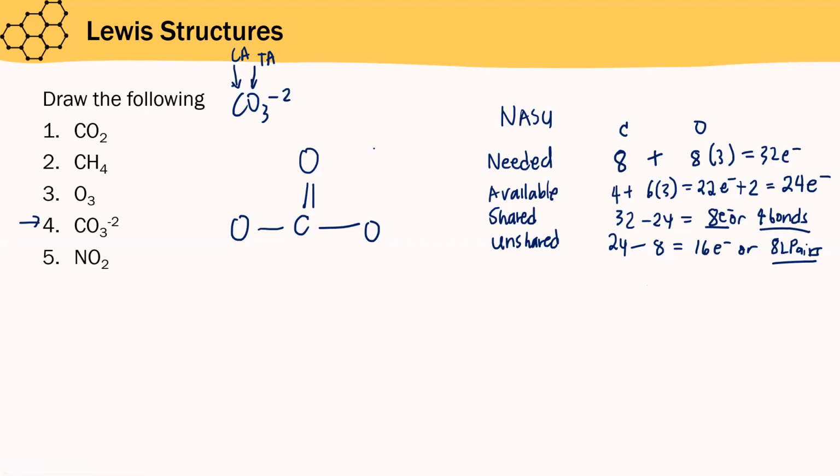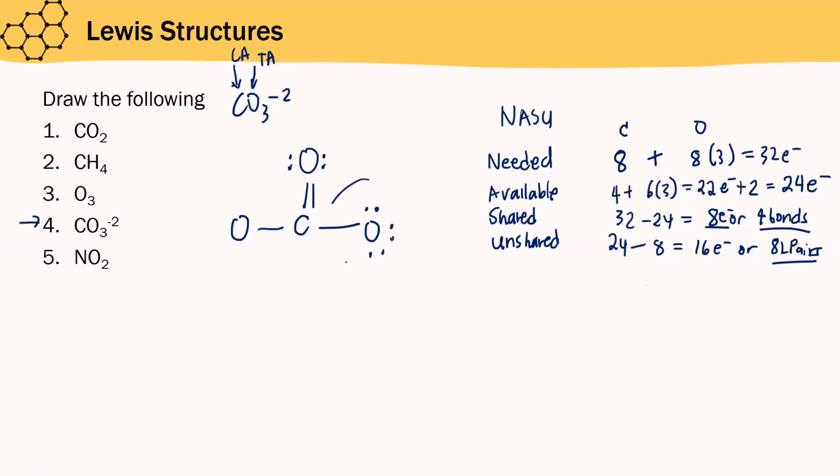So, those are 4 bonds. Let's distribute the 8 lone pairs. So dito muna ako. How many electrons are around this oxygen? 4. So let's add 2 lone pairs to make it octet. How many electrons are around here? 2. So, 3 lone pair.